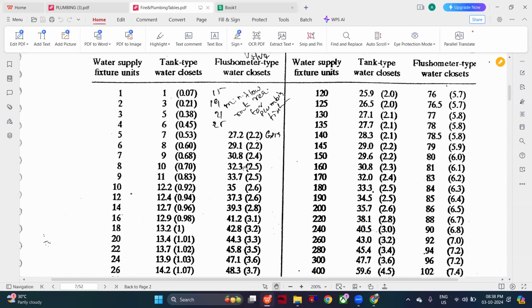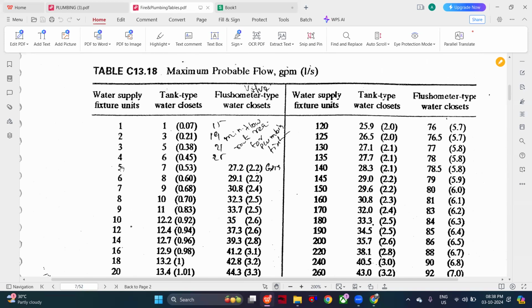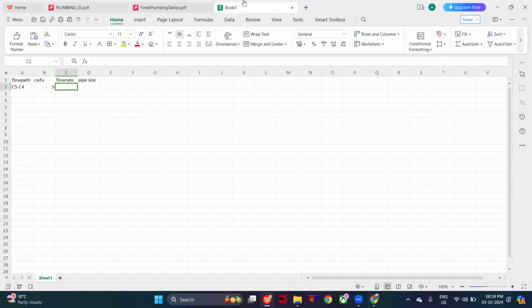Yeah, from the fixture units 5, so the flow rate is 7. Flow rate in GPM, fixture unit is 5, then the flow rate is 7. Then we have to find out the pipe size.